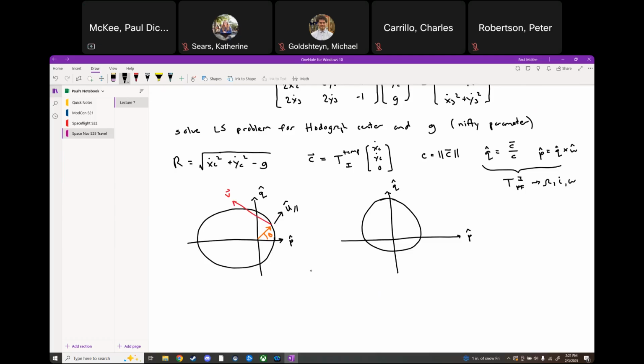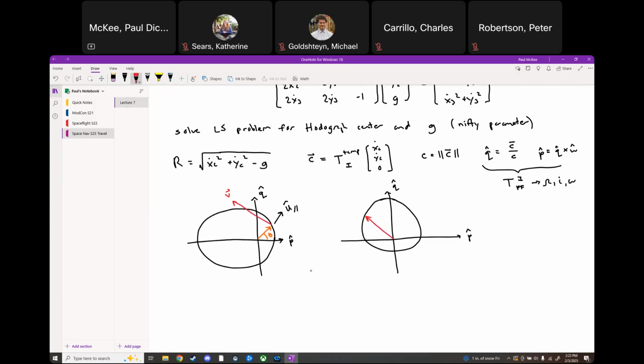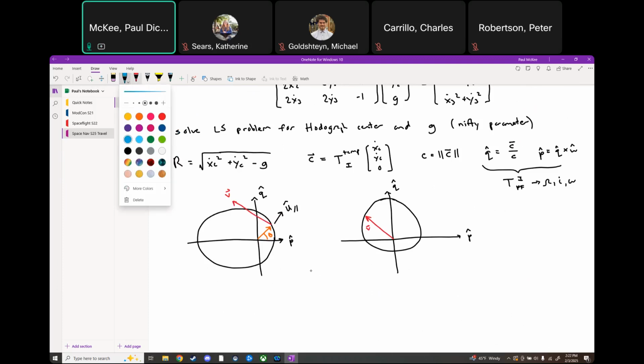Now, at that exact same moment in time, your velocity would be right here. It's the same velocity. We know that the hodograph center is right here. And then there's going to be some vector here from the center of the hodograph out to that velocity. And what's neat is that this direction we're going to call U perpendicular, which is exactly 90 degrees off from U parallel.